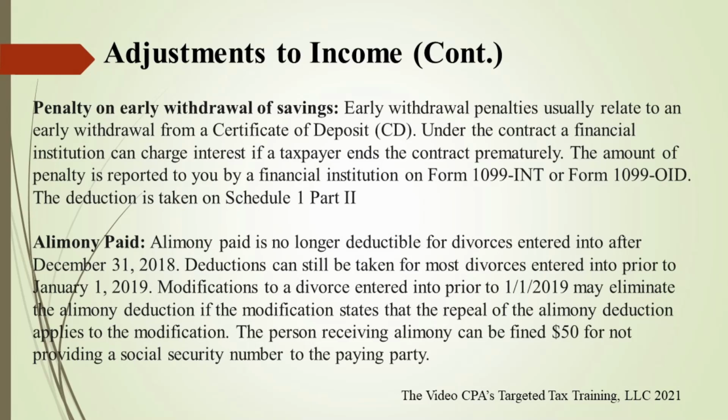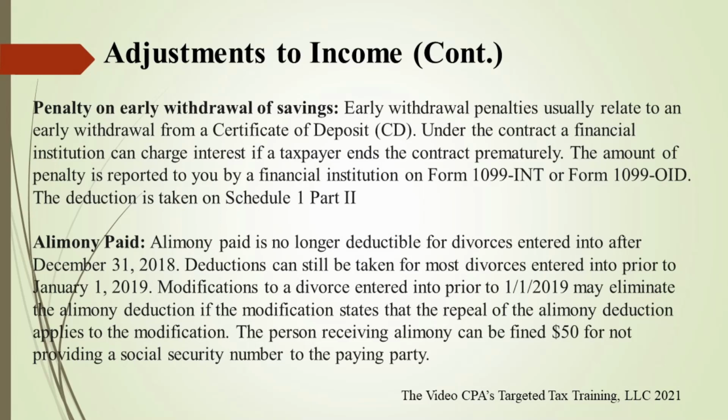All right, alimony. Alimony has changed a little bit in the last few years. Changed quite a bit, actually. On Schedule 1 now, Part 2, alimony has 3 lines on it, because what they've done is made it a little bit more difficult, certainly to deduct alimony, but also to figure out what you're supposed to do with it on the tax return.